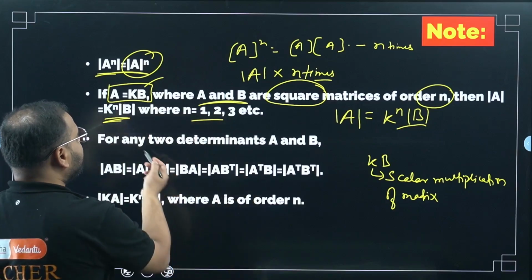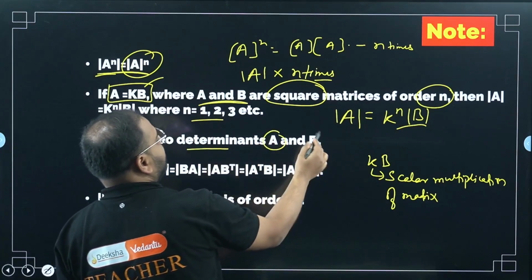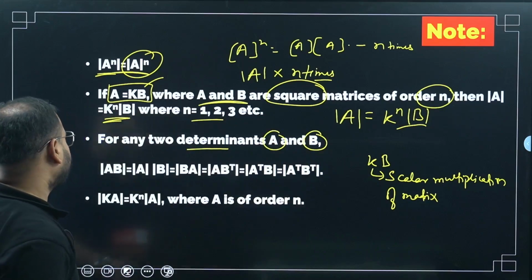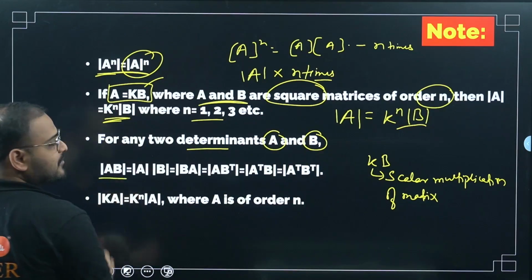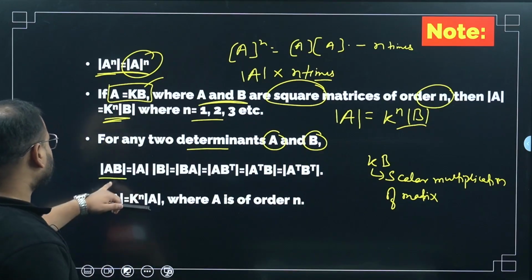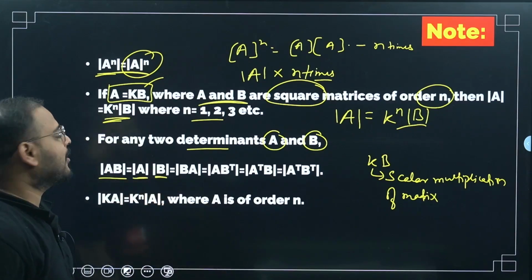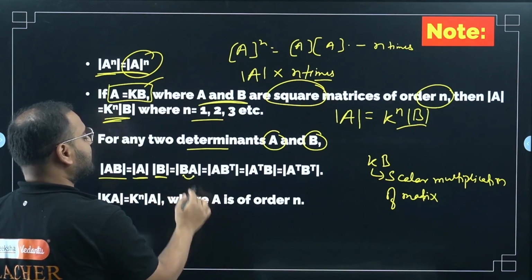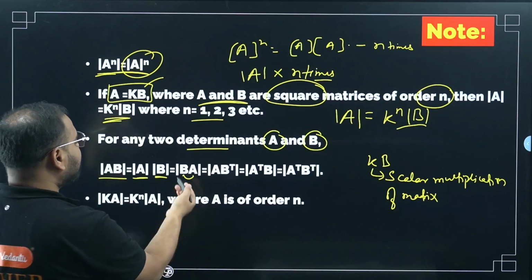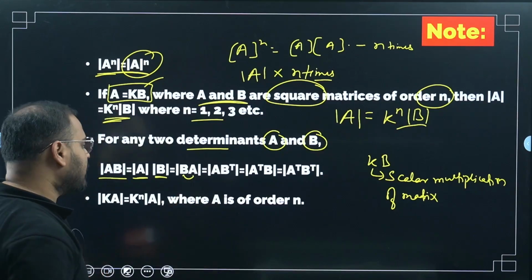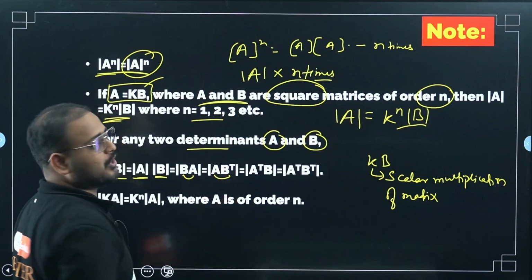Now for any two matrices A and B, this property is valid. You multiply the matrices first and take the determinant, or you can find determinant of A and determinant of B and multiply, or you can find determinant of BA, and AB transpose also you can do. Why, sir?